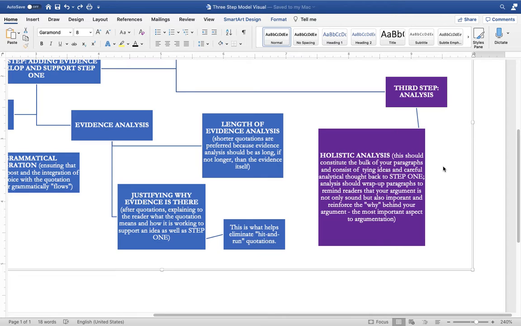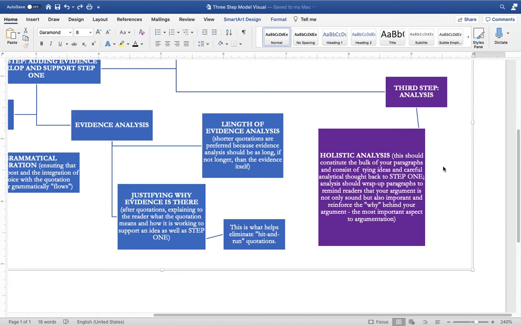Synthesis is where you're now tying everything together, but reminding the reader how all of this is in fact important to driving home a point or multiple points that help develop an idea either in a single paragraph or in an essay, reinforcing the point of that argument as well as reinforcing the purpose and argument of the overall thesis of that essay.